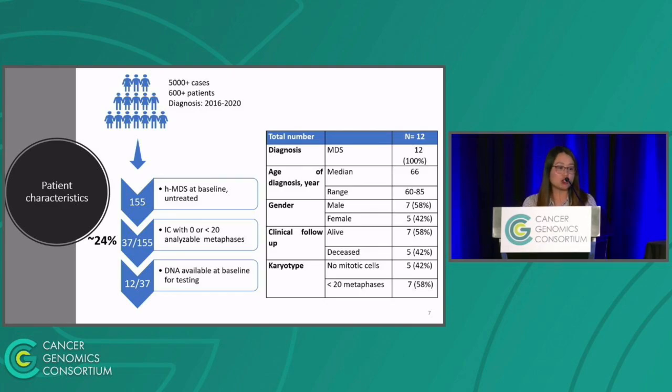All 12 patients had an MDS diagnosis with a median age of 66. There were 7 males and 5 females, with clinical follow-up available in 7 patients. 5 patients had no mitotic cells, and the remaining 7 patients had fewer than 20 metaphases.